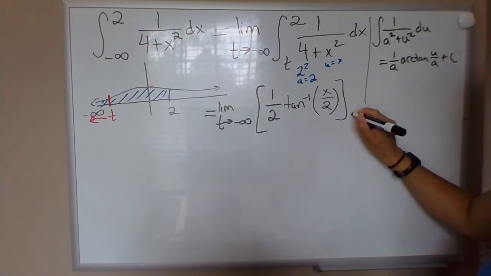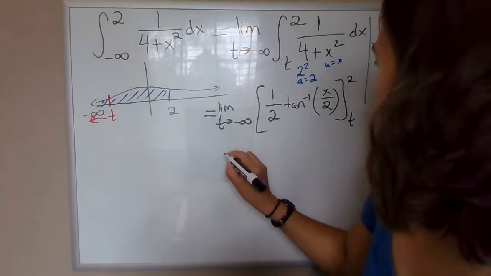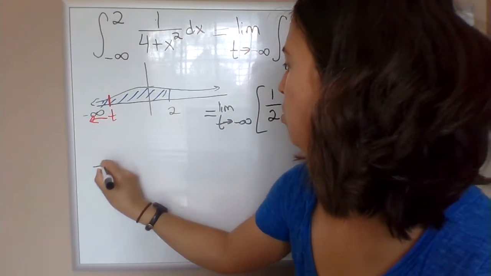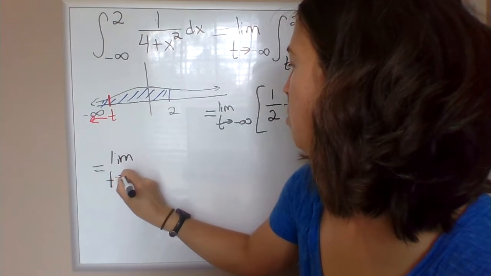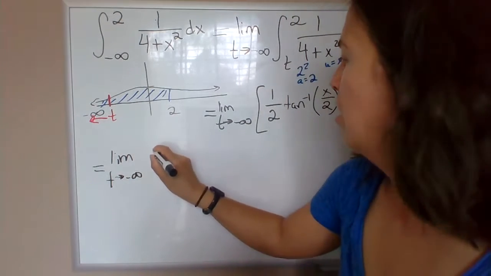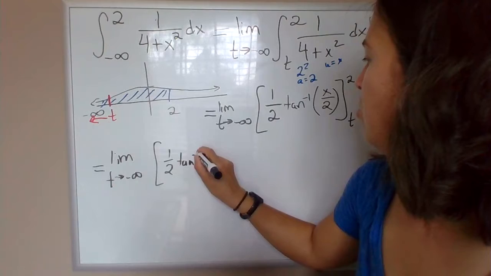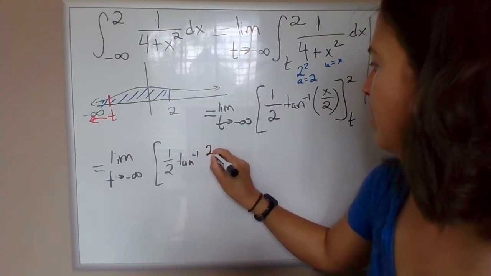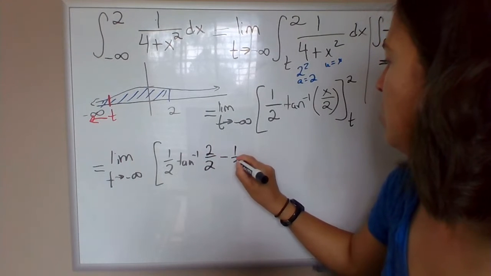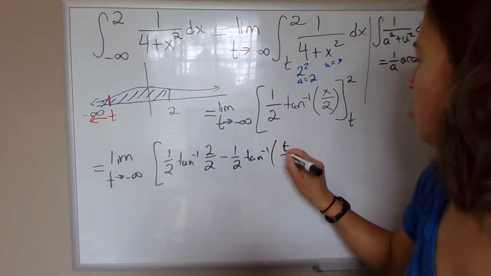And this is evaluated from t to 2. So this is equal to the limit as t approaches negative infinity of 1/2 inverse tangent of 2 over 2. I guess I'll write it out. Minus 1/2 inverse tangent of t over 2.